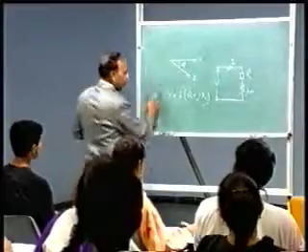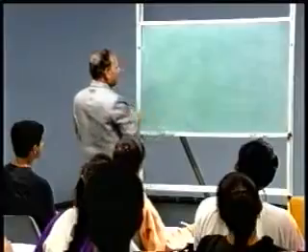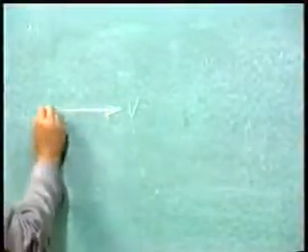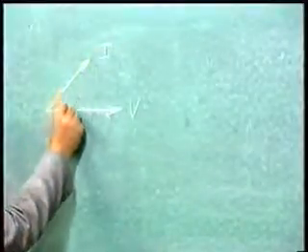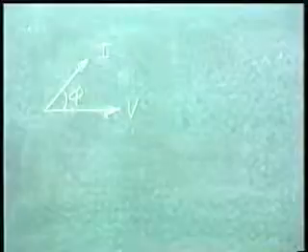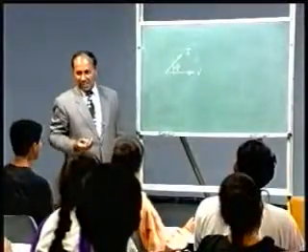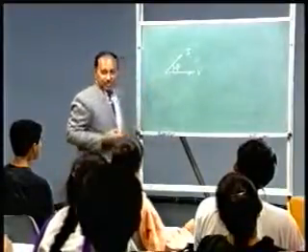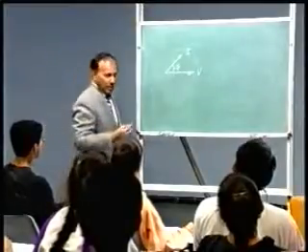Now to test your knowledge, I am drawing a phasor diagram. Say V is here and current I is here. This current is leading the voltage by an angle. Do you see an equivalent circuit here? What is the equivalent circuit of this phasor diagram? It should be a capacitive one. Very good.